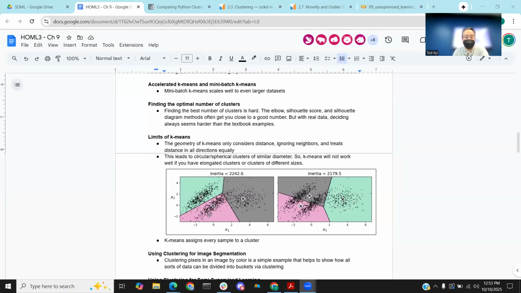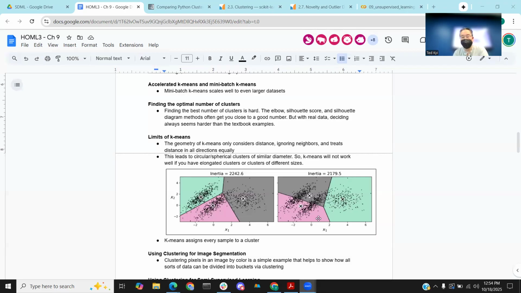And here's the example where you have two elongated clusters sort of side by side. Spheres don't necessarily line up well with these clusters. And so you can wind up with bad luck like this on the right, where you have a center here and a center there, and it's basically splitting it exactly wrong.